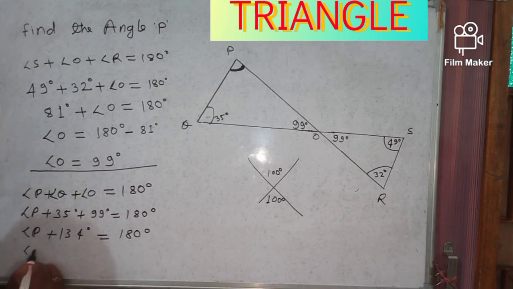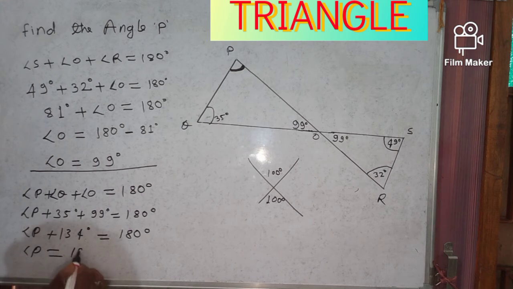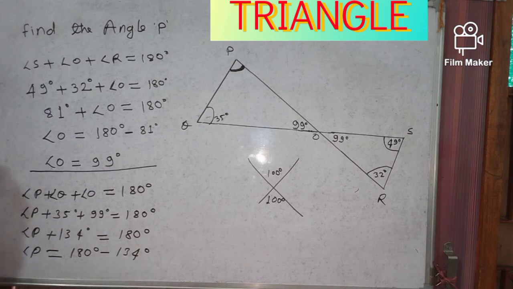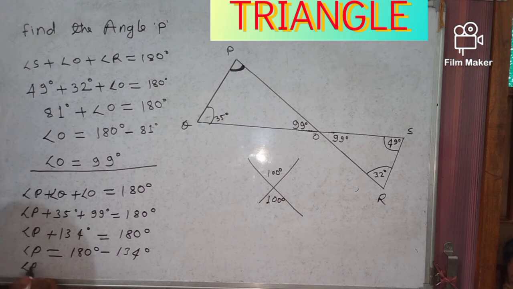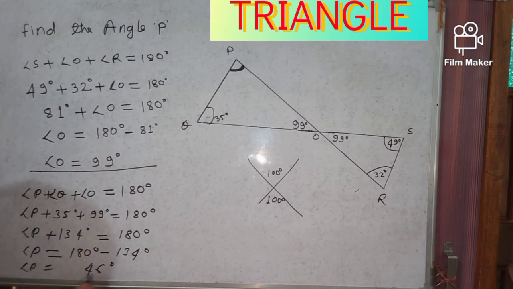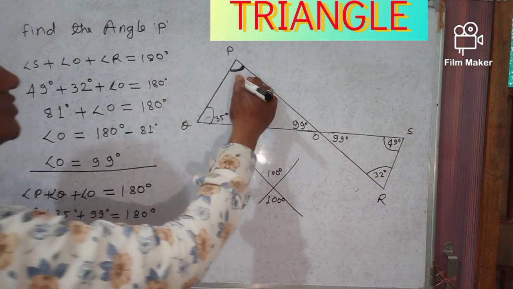Now angle P is equal to 180 degree minus 134 degree. So subtract it. So angle P is equal to, 6 and 7 minus 4, 46 and 1 cancel. So angle P is 46 degree.